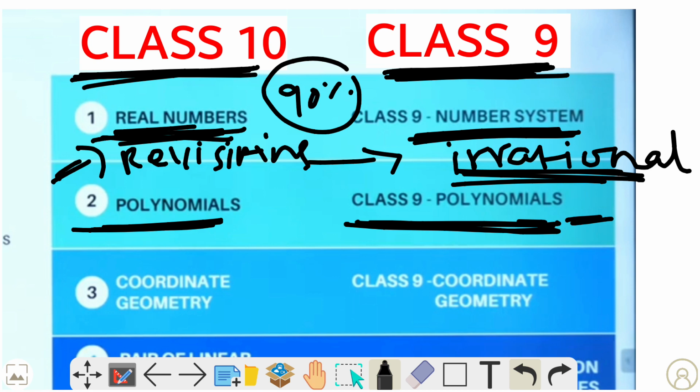So these two are exactly the same in class 9 and class 10. Here you studied zeros of a polynomial in class 9, and here you are going to study the relationship between coefficients and zeros of a polynomial. So this is also, I guess, 95% the same.